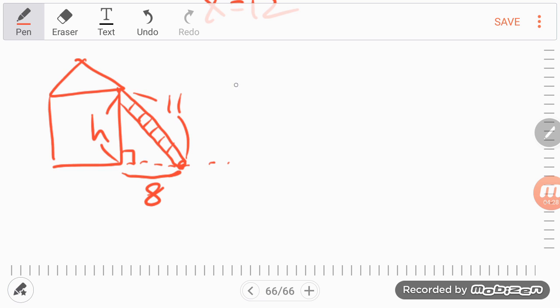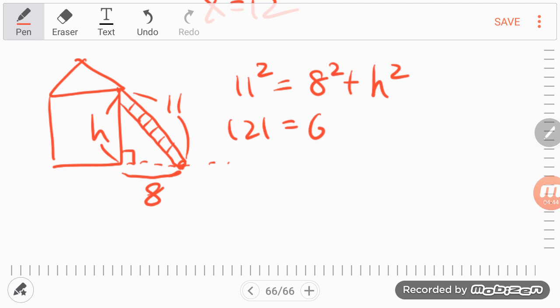I'm just going to show you how to set up the equation. My hypotenuse is the one that is opposite from the right angle, so my hypotenuse is 11. So I have 11 squared is equal to 8 squared plus h squared. 11 squared is 121, equal to 64 plus h squared. So h squared is equal to 121 minus 64, which is 57.